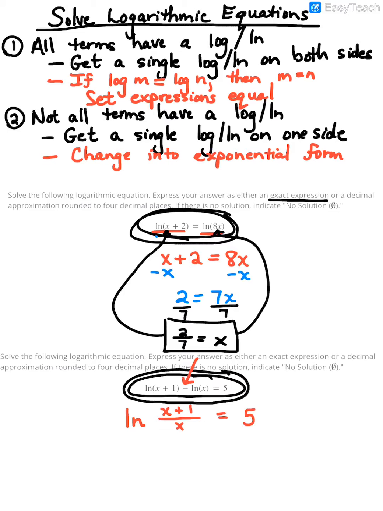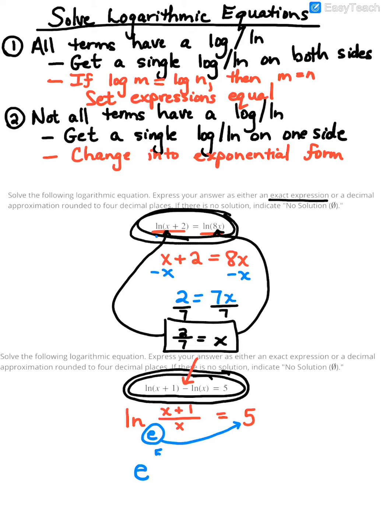So now that we have a single log on one side, we are ready to change it into exponential form. Remember that when a logarithm is spelled as ln, it is understood to have a base of e. So when I change this to exponential form, my base is e.